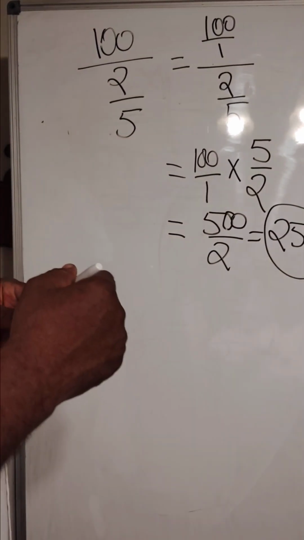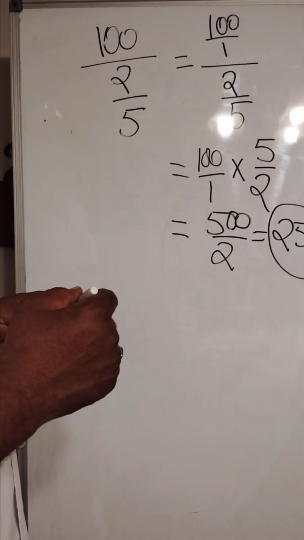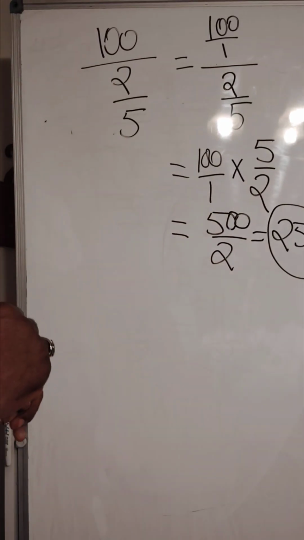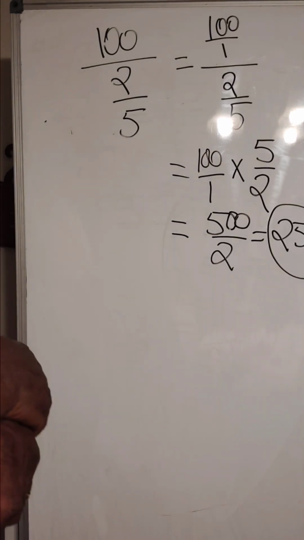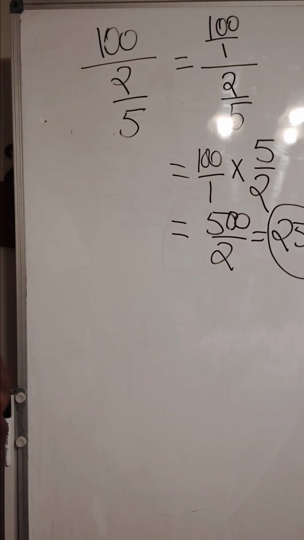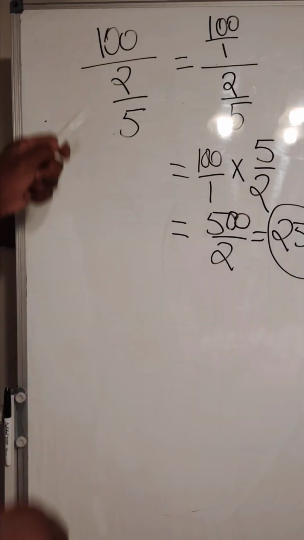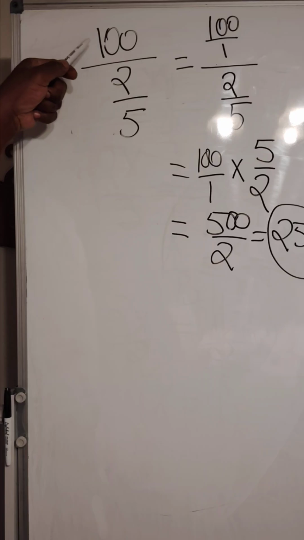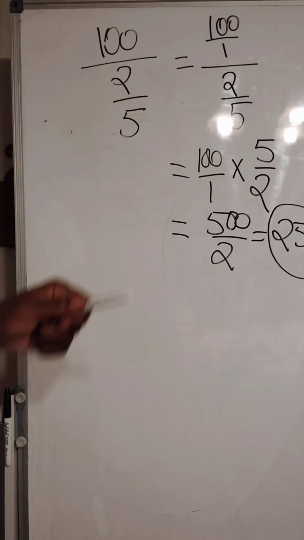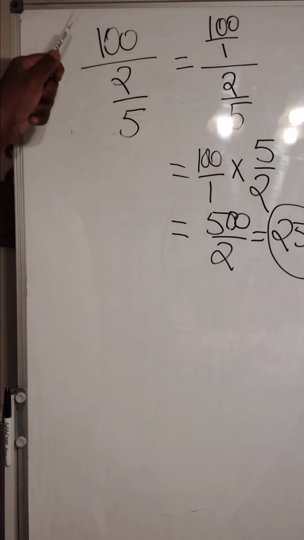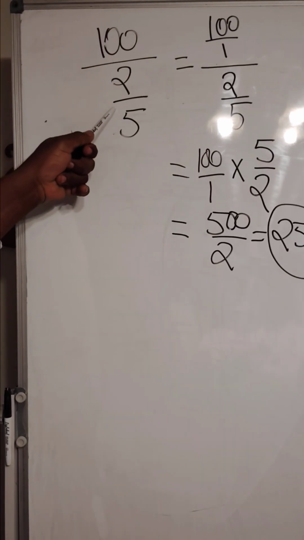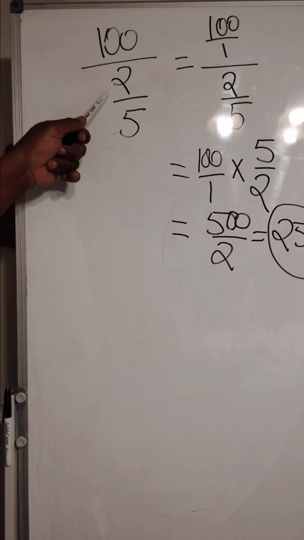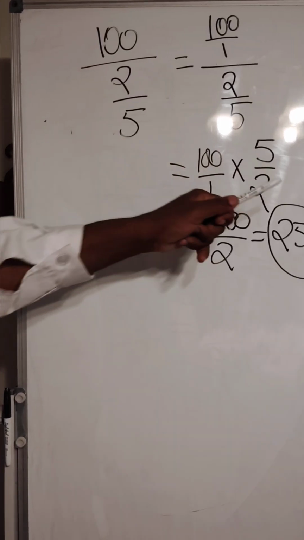You're not going to leave it like that, but when you know 500 divided by 2, that gives you 250. All right? So, as a matter of fact, anytime you are dividing a whole number by a fraction, you're just going to get that whole number multiplied by the second fraction, but you have to flip it.